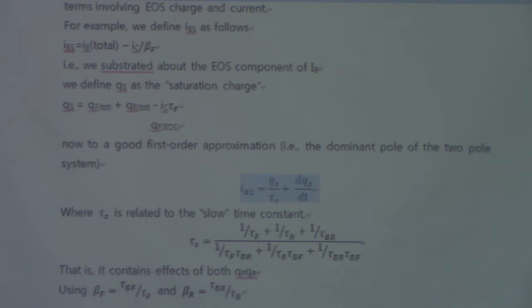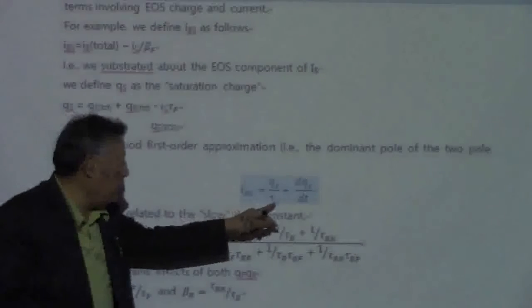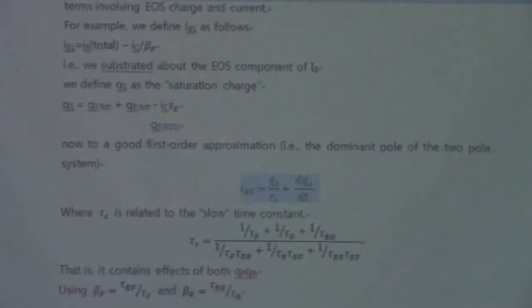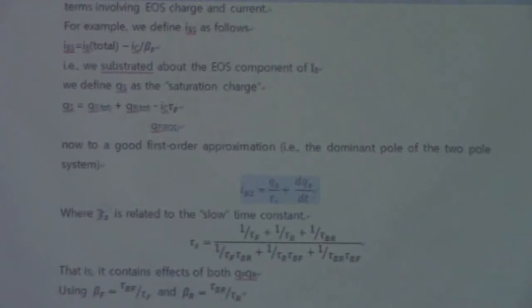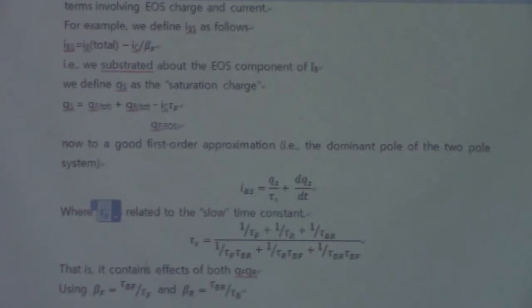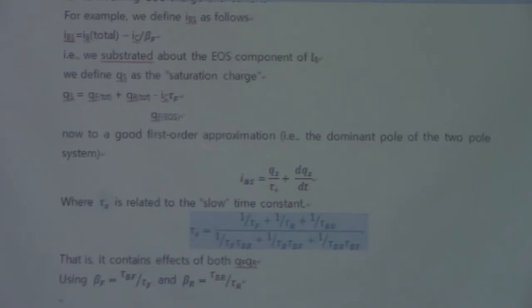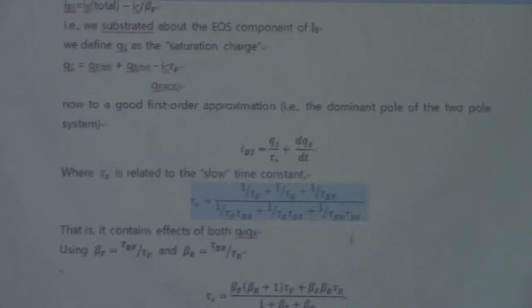One is the characteristic time and a time dependent term like this, and tau here can be represented with this equation. The details of this derivation can be found in the literature.